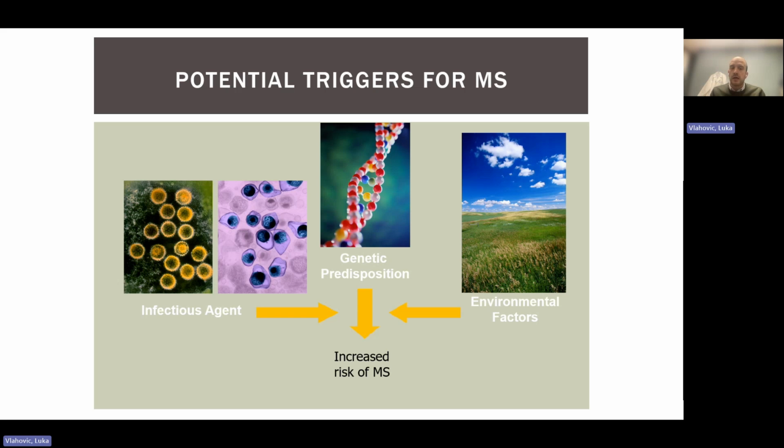Infectious agents are important factors, especially viruses such as EBV and some other viruses that were postulated to be associated with MS. There are also other factors that we will mention further in this presentation, such as vitamin D levels and smoking.